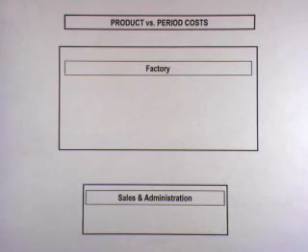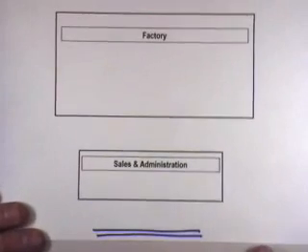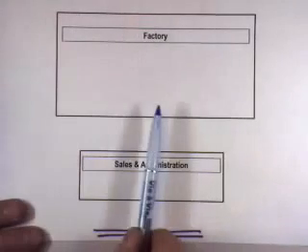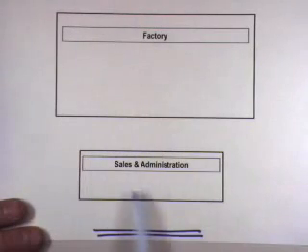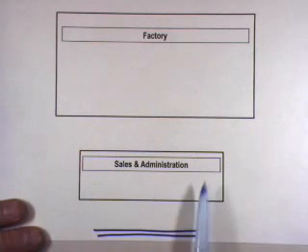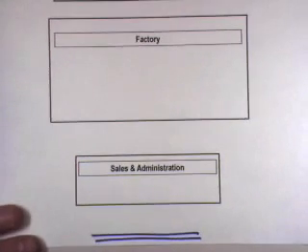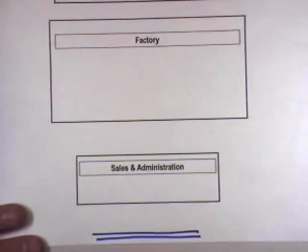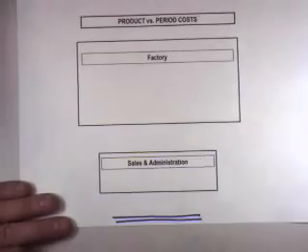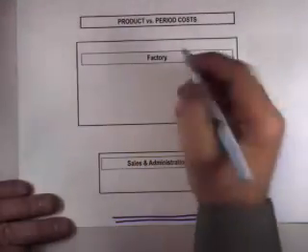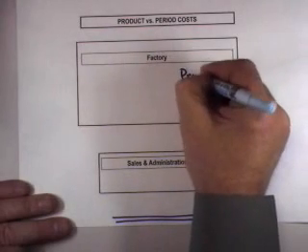At the front of the property is the street, and if you were looking down on the property, you'd see a large factory in the back, and the sales and administrative store and offices up in the front. Any cost that is associated with the factory in the back of the property is going to be one of your product costs.